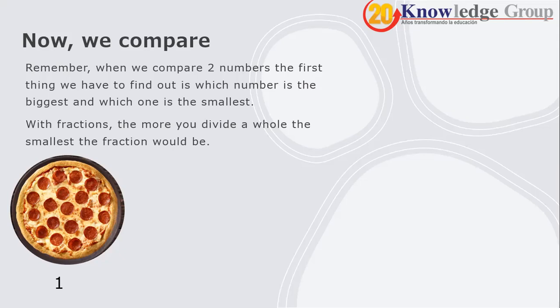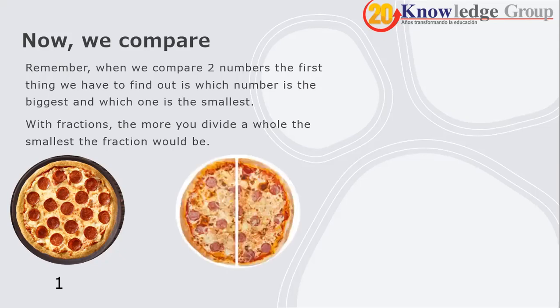If I divide this pizza into 2 parts or 2 halves, that will be 1 half and another half. I divided the pizza into 2 parts. That's why my denominator is number 2. 1 part out of 2, and then 1 other part out of 2.